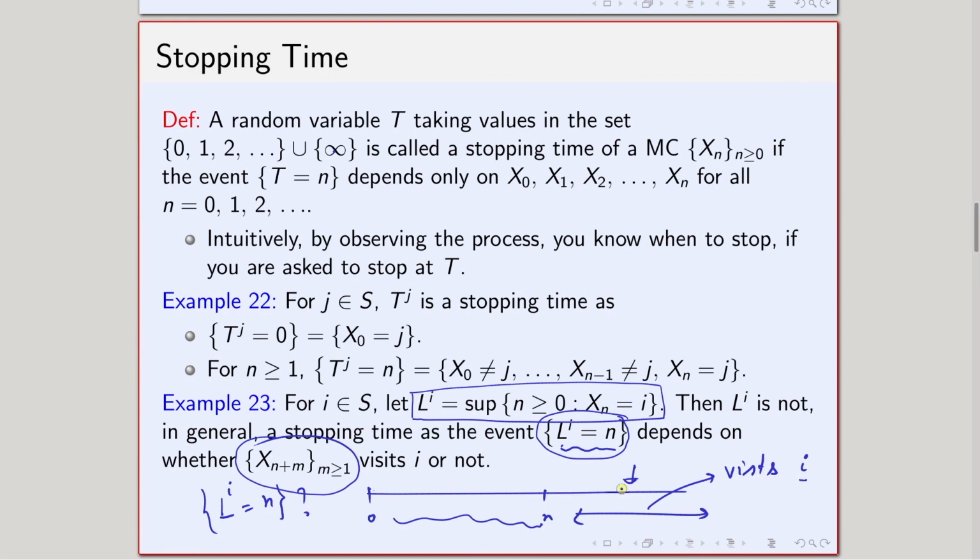I have to know whether the Markov chain has visited or will visit the state i after n. That's why this Li is in general not a stopping time. It is important: it's not a stopping time.